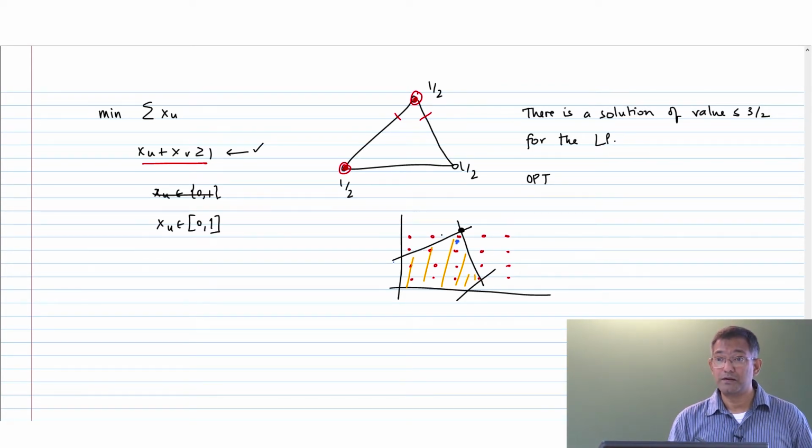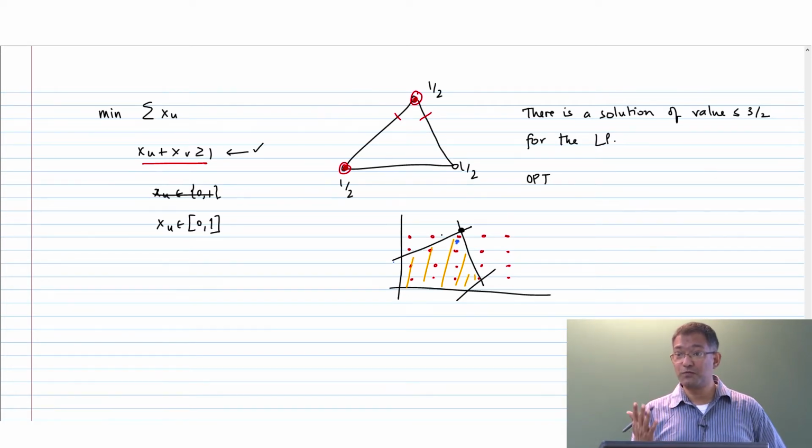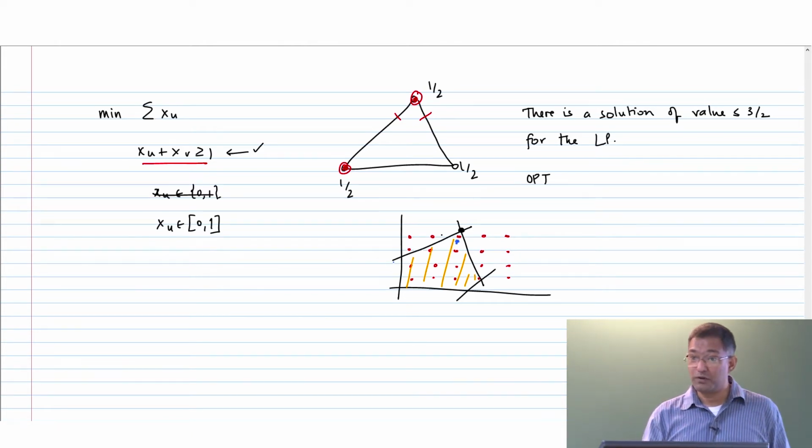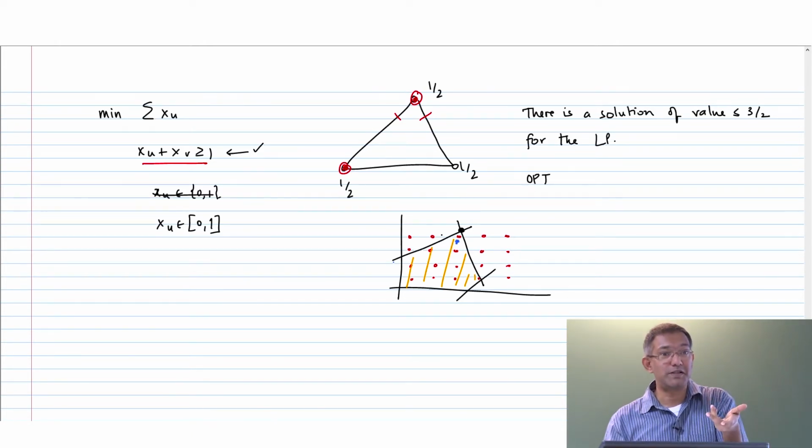So, this is what is going on. So, the integer program could have a value that is strictly smaller. For a maximization problem it is the reverse, but let us just stick with minimization.